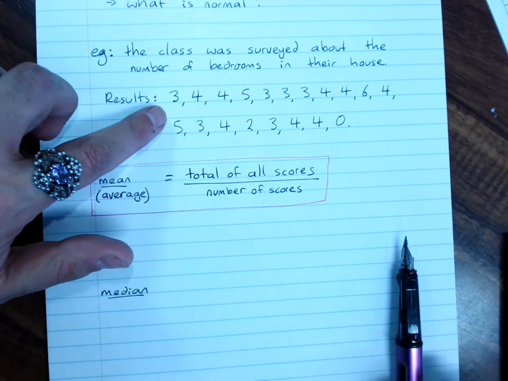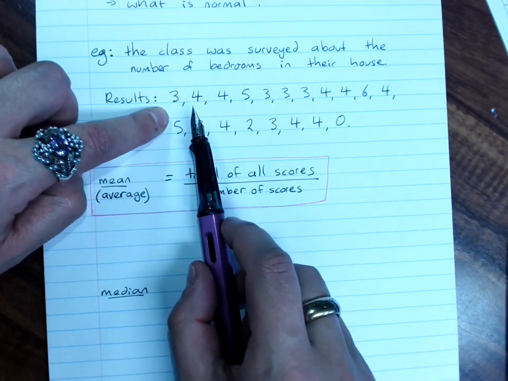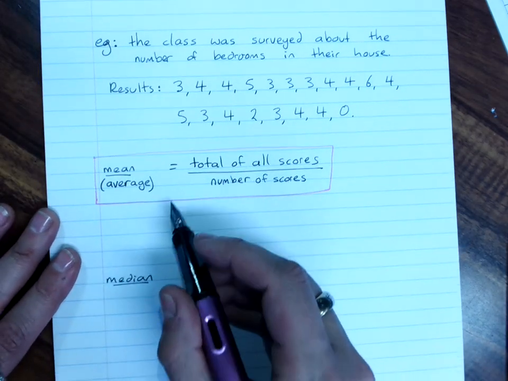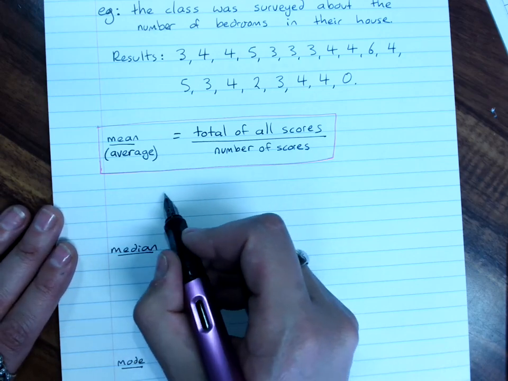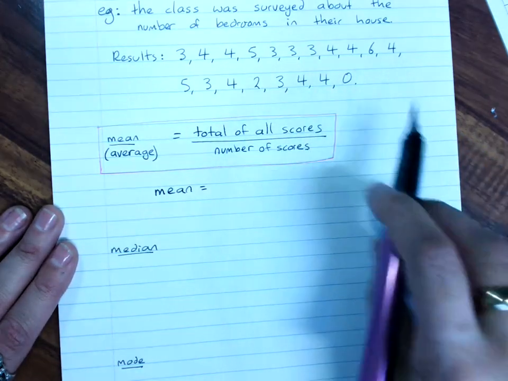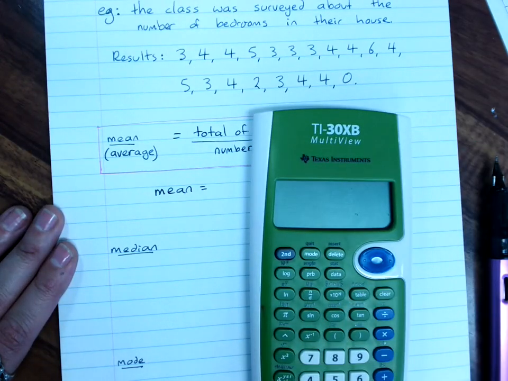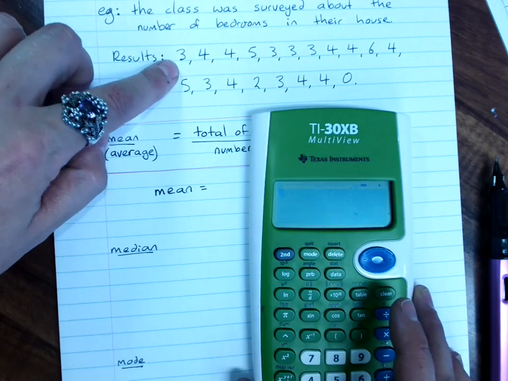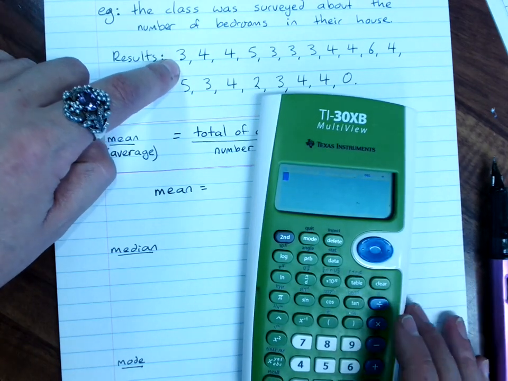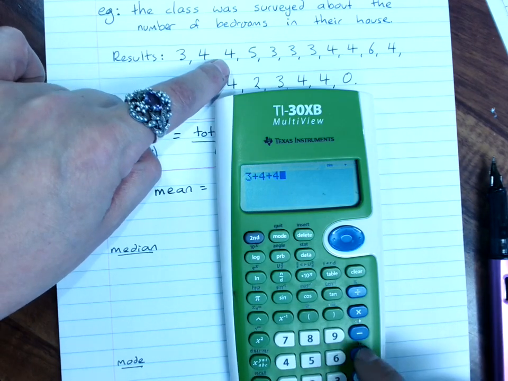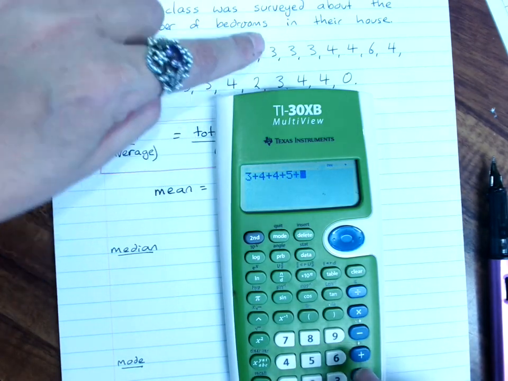So the appropriate working for this isn't writing out 3 plus 4 plus 4 plus 5, because that would be really boring. All we have to do is say the mean equals, and we'll get the total of this. Now you can be a bit clever about adding it up if you want, or you can just use your calculator and get 3 plus 4 plus... Now I'm going to be really clever.